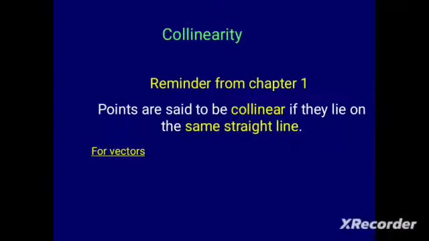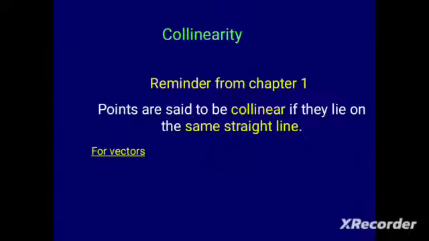Now our next part of the lesson, as we near the close, is collinearity. We have a reminder from chapter 1 that points are said to be collinear if and only if they lie on the same straight line.